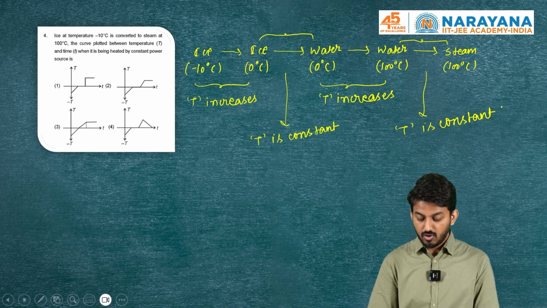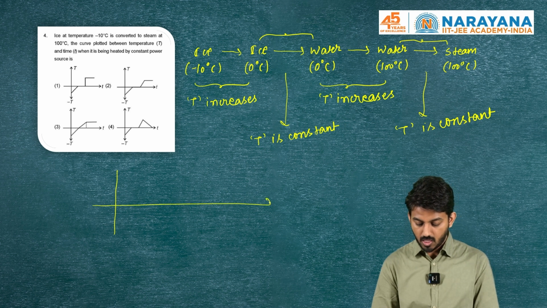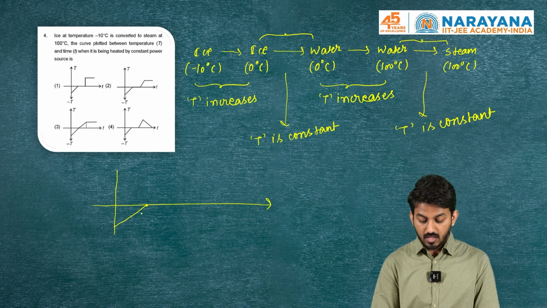As you can see, so if I draw the graph here, we are starting off from negative temperature, going to 0. Then temperature remains constant, so it converts to water.